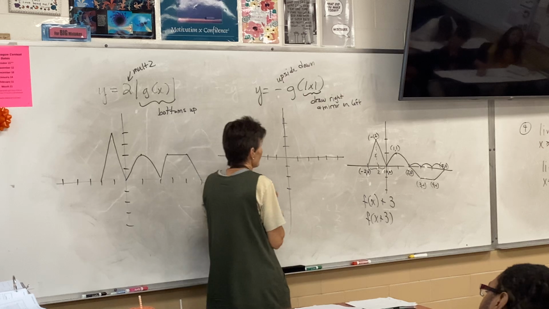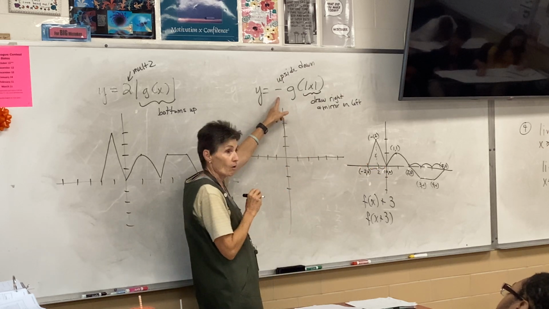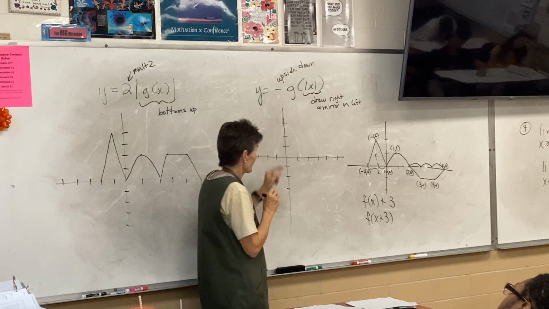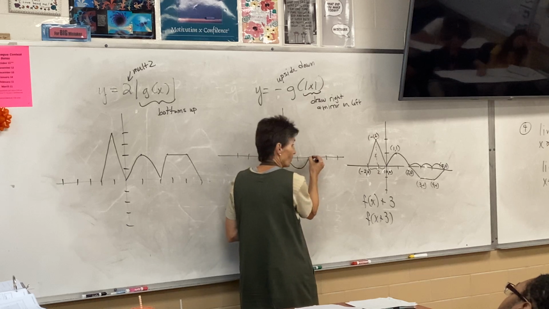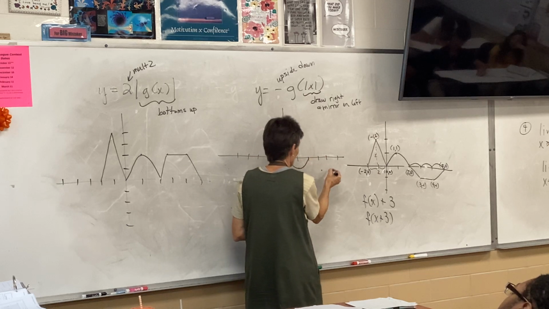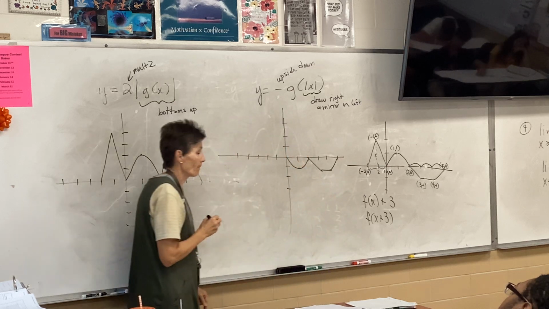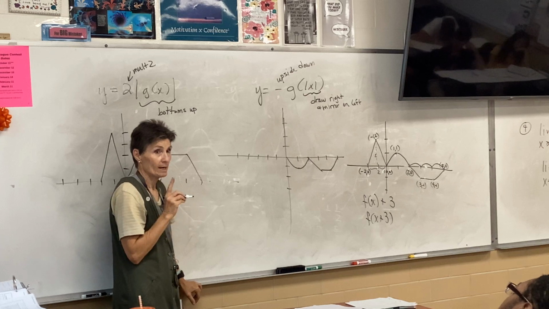So I'm going to draw the right side of the picture, but I'm going to draw it upside down. So the right side of the picture, upside down, will look like this. Is that okay?